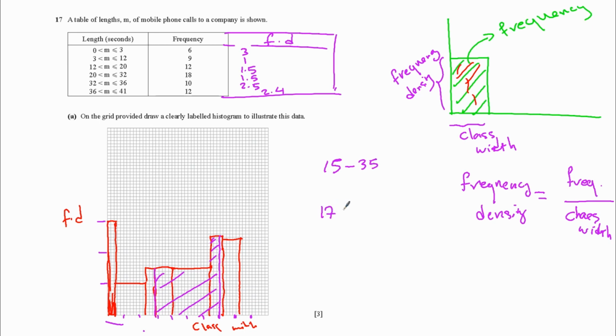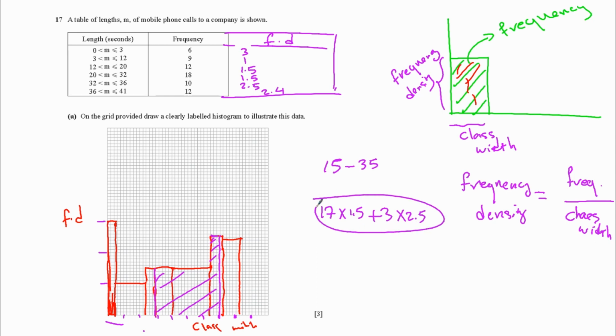And then from 32 to 35 is 3, times the height of this section here, which is 2.5. So we add up these values: 17 times 1.5.